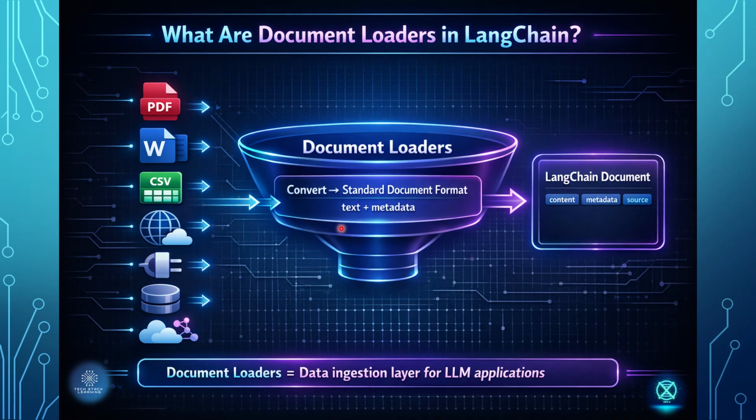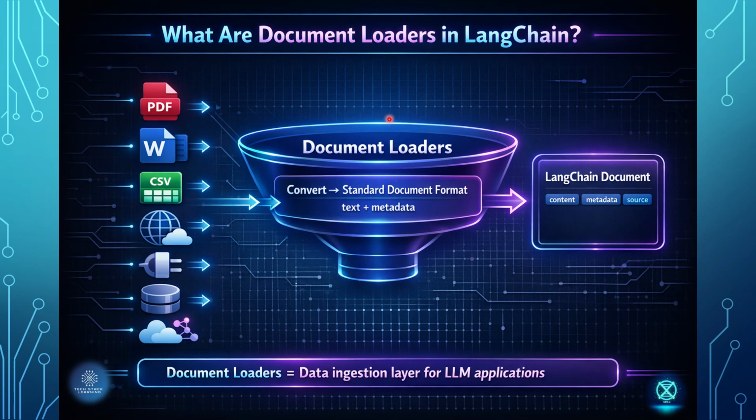So what are these document loaders in LangChain? Document loaders are responsible for loading data from external sources, like PDFs, Word files, or web pages, or from APIs, or from the database, or from the cloud storage, converting it into a standardized document format that LangChain can work with.